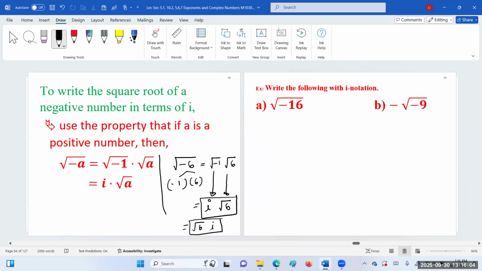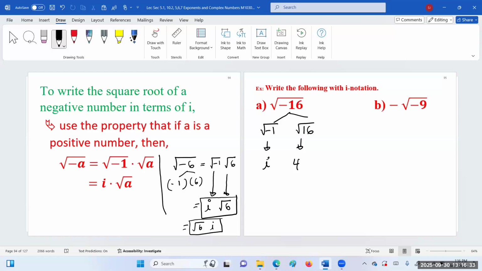Now, a few fun examples. Square root of -16. Let's split that first. What do you get? Square root of -1 and then +16. What is square root of -1? And what is square root of 16? 4.